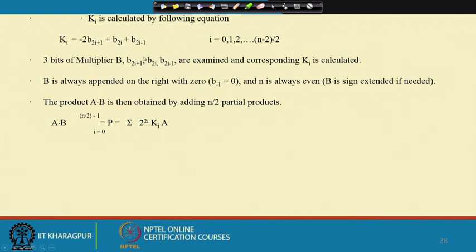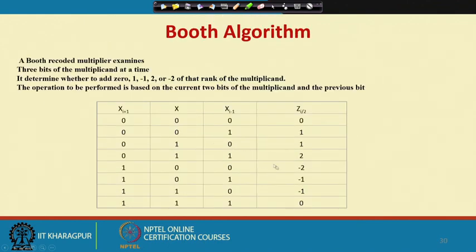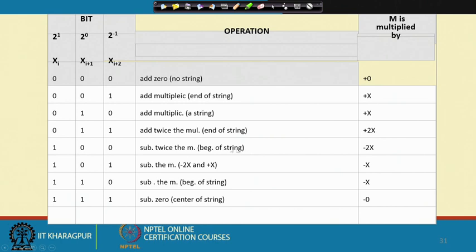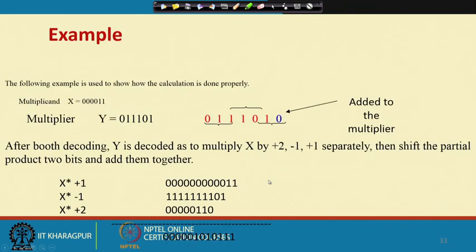So, whenever we follow Booth's multiplier, this decoding table can be formed if you can remember this particular equation. If we take one example of this, it will be much more clear to you.